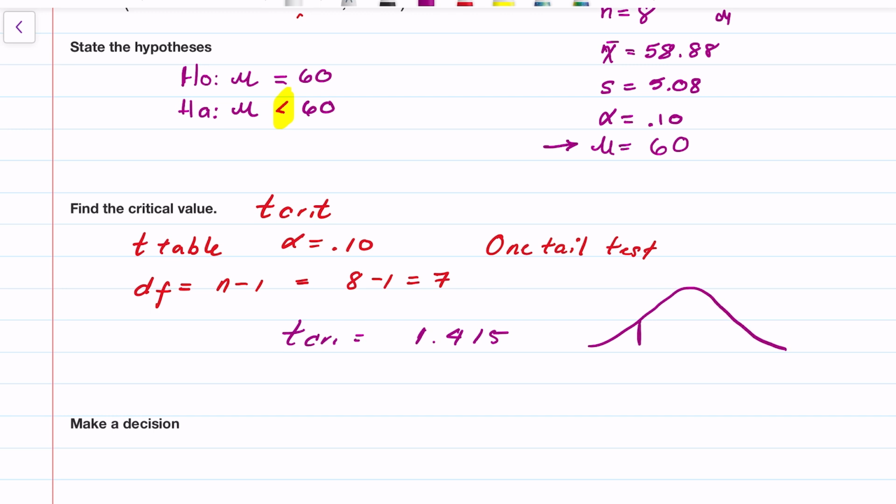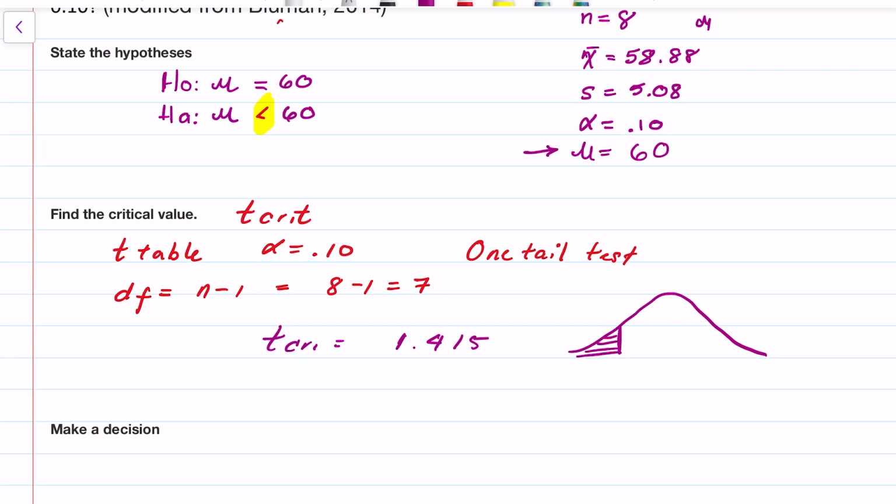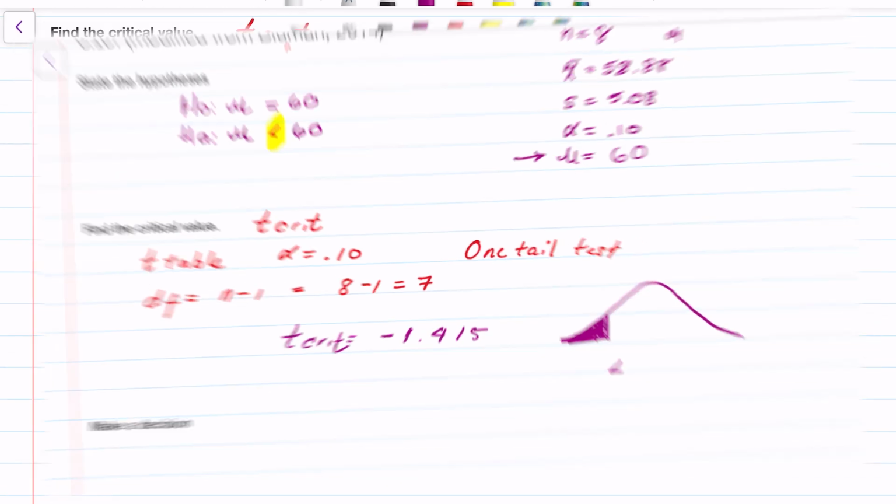But remember, we're doing a one-sided test and it is less than. So that means we're looking at the left tail. That tells me this is going to be a negative value. I need to put the negative in there. That's all I have to do in this section.